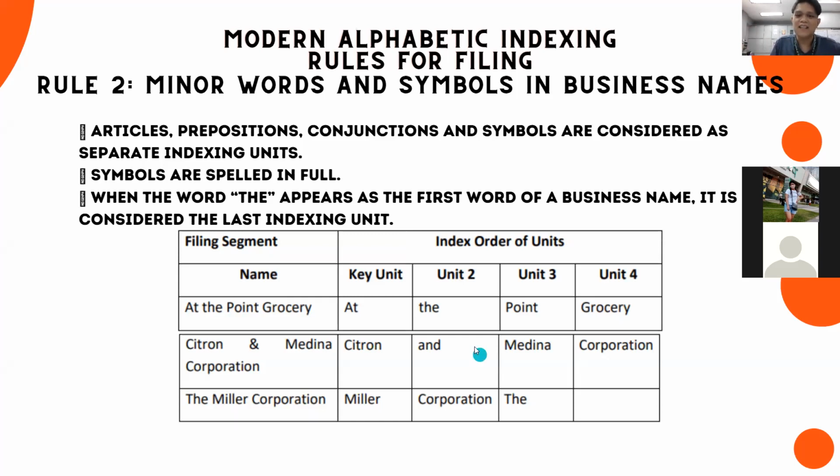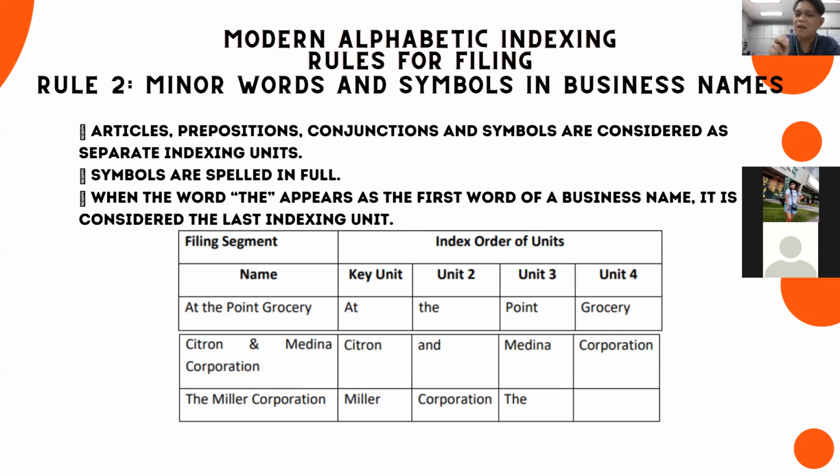So second unit natin is the second word from the name. So second unit natin is "the". If the second word is "and", like yung "and" symbol, hindi mo siya gagamitin as symbol. All you have to do is spell out the special symbol na ginamit nila.